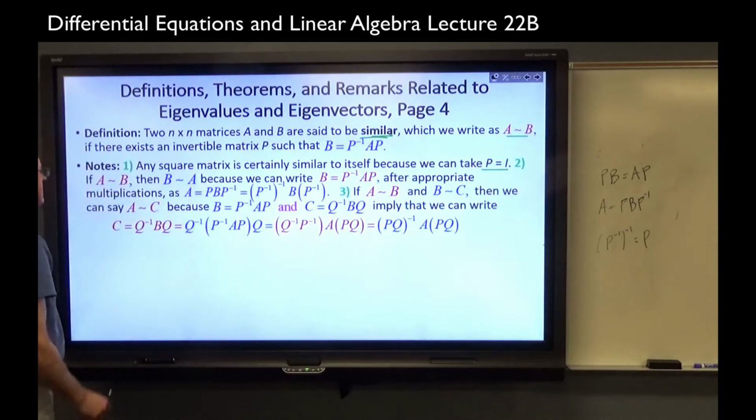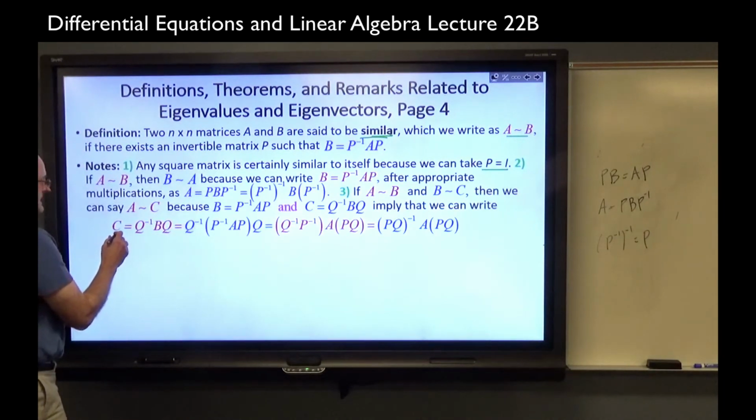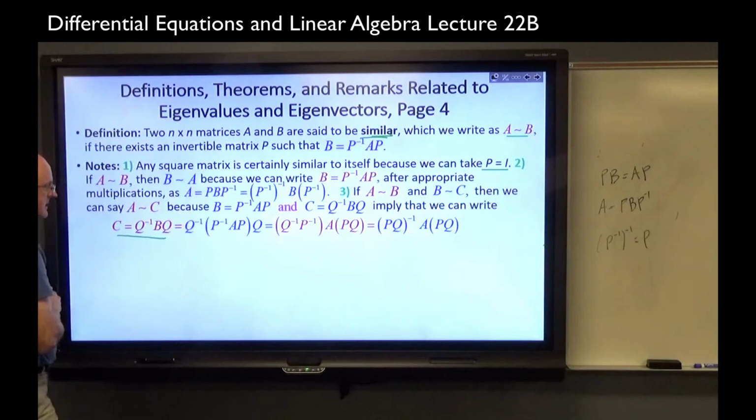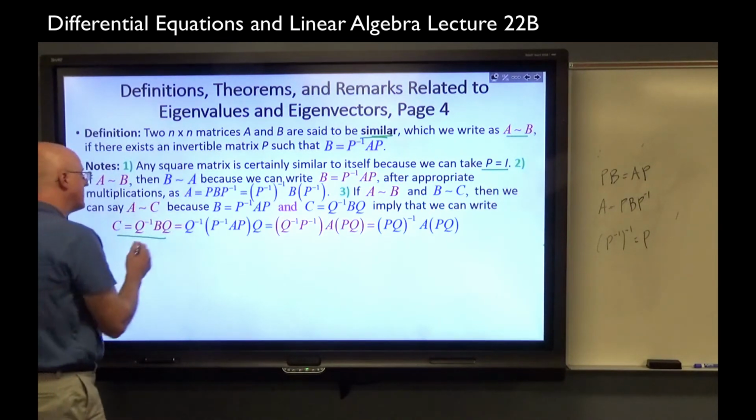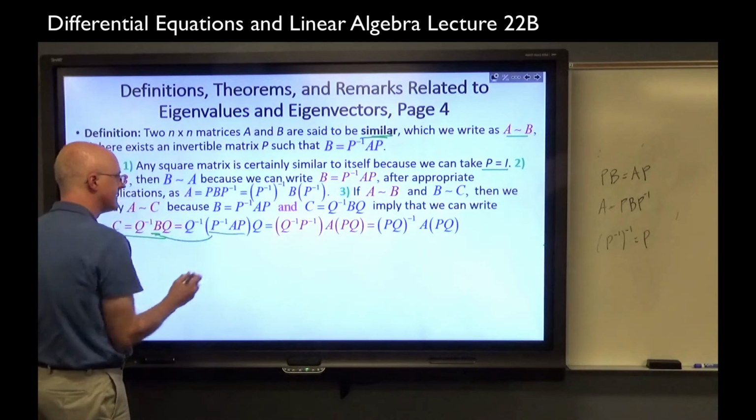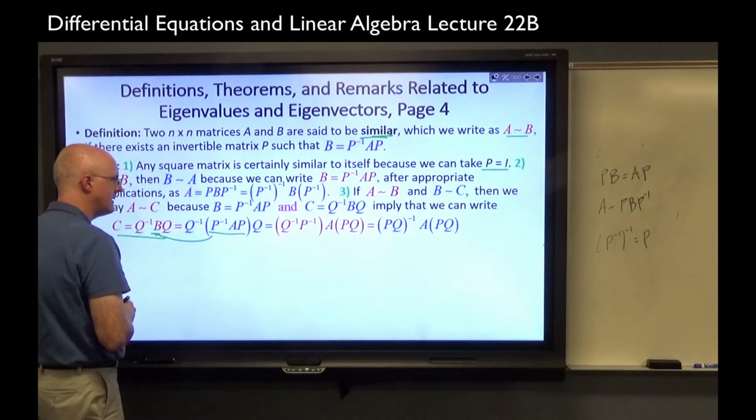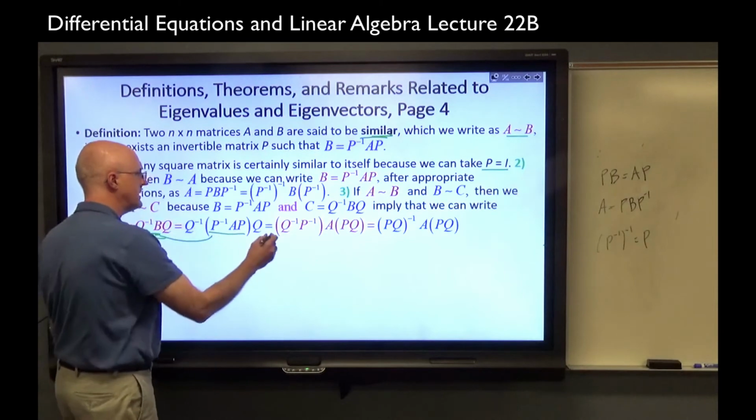Why? I'm assuming B is similar to C, so I can write this for some invertible matrix Q. I'm assuming A is similar to B, so I can write B itself like this for some invertible matrix P. And then I can use the associative property to rewrite it like this.